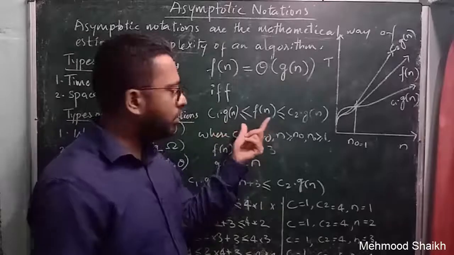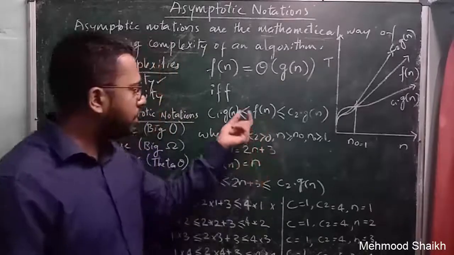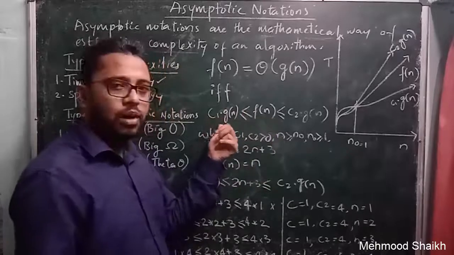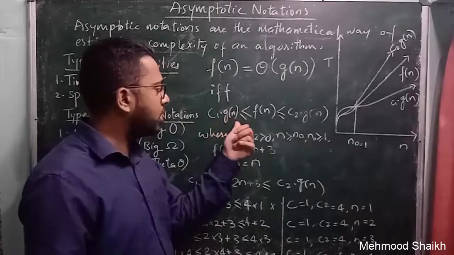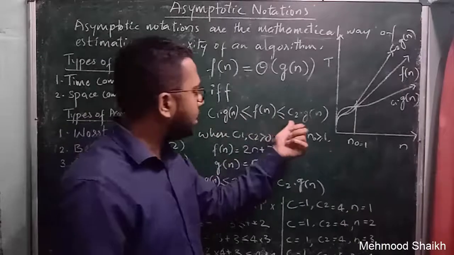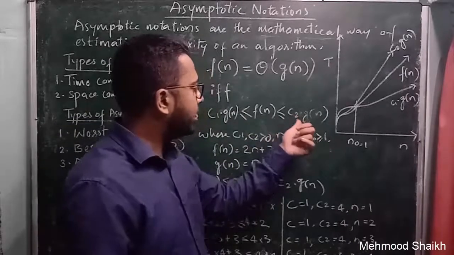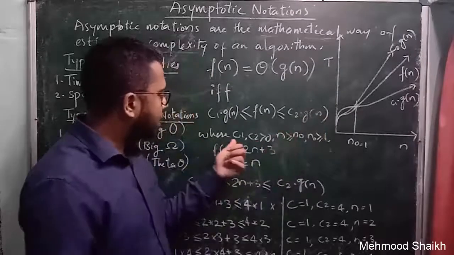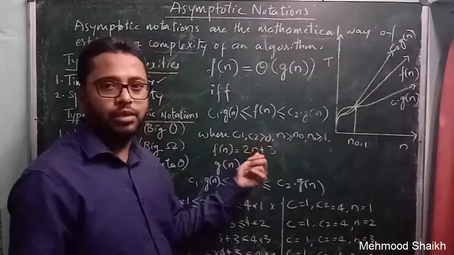With this expression, what we are trying to evaluate is whether the function f of n value is greater than the lower bound, which is c1 dot g of n, and less than c2 dot g of n, which is the upper bound, where c1 and c2 are greater than 0.